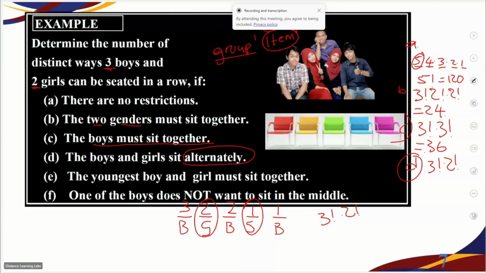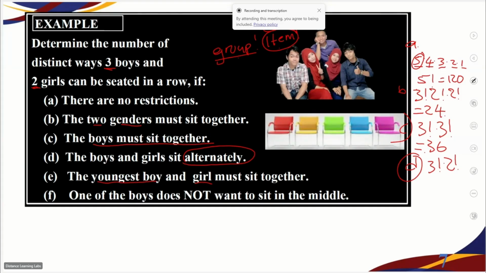Letter E. Let me erase here for letter E. Okay, letter E says the youngest boy and the girl must sit together. Meaning here, we are grouping 1 boy and a girl that must sit together.